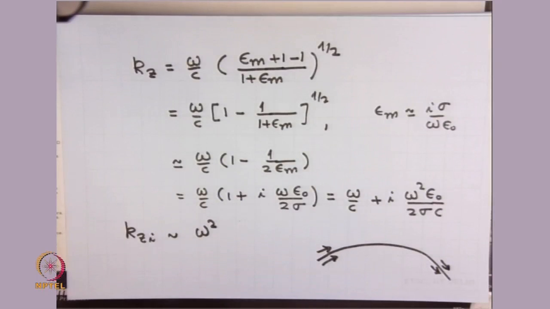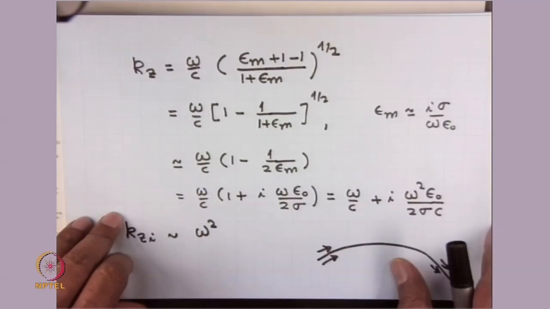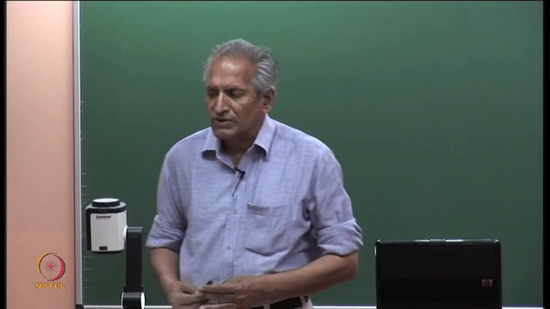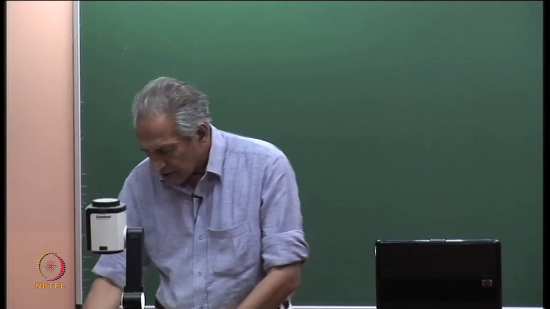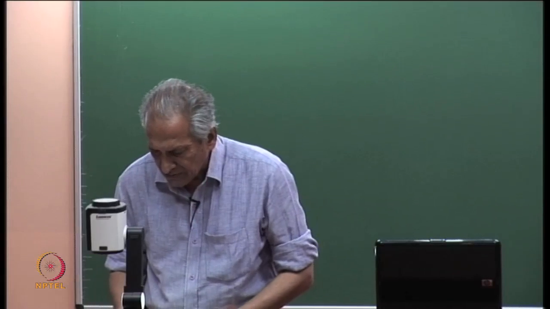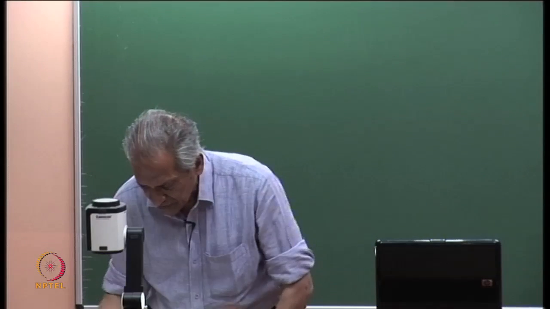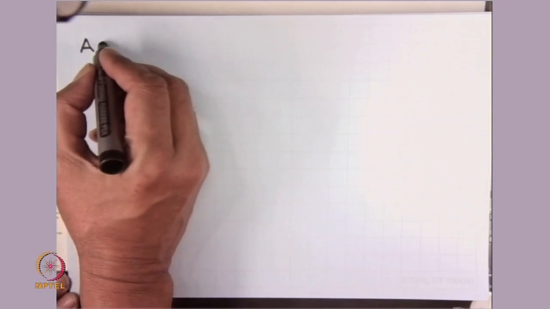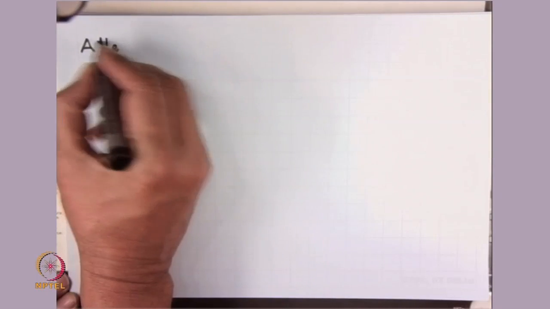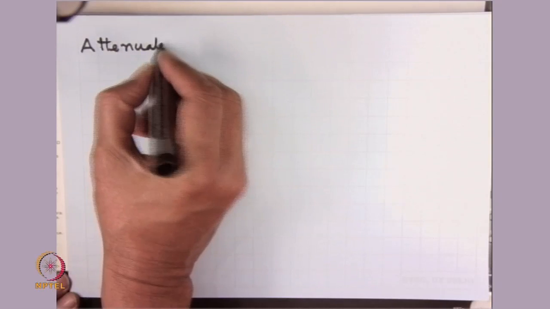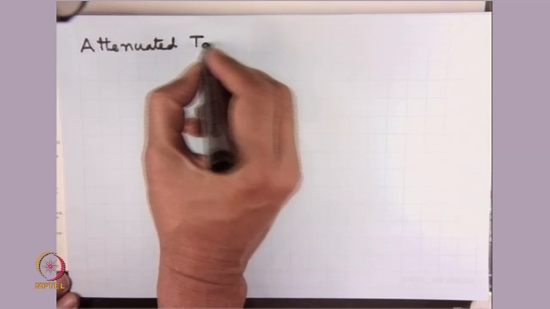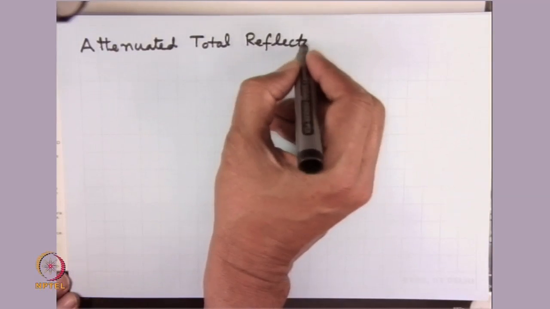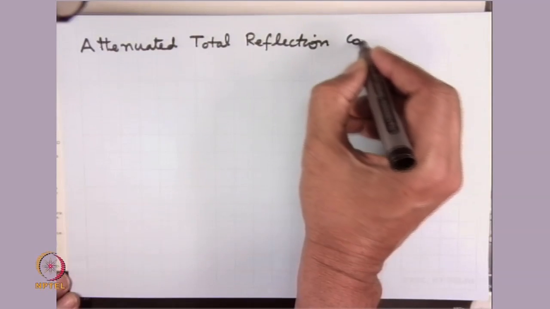The second application that I wanted to mention is the sensor application, for which excitation of surface waves over a silver vacuum interface is considered to be very useful. But a very special geometry is used, called the ATR configuration, attenuated total reflection configuration.